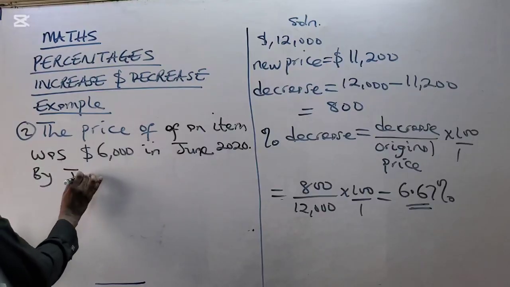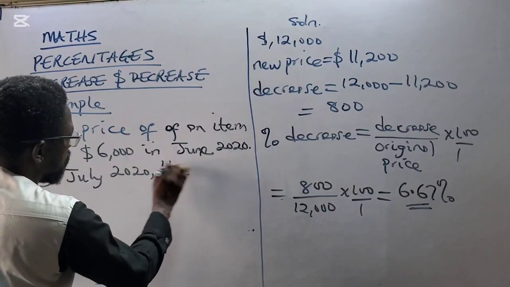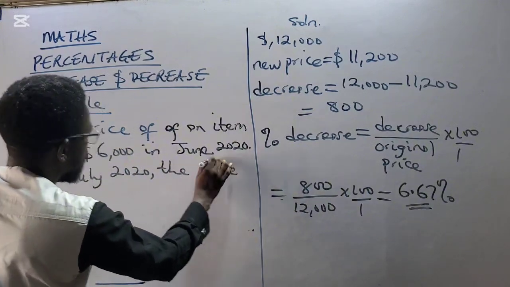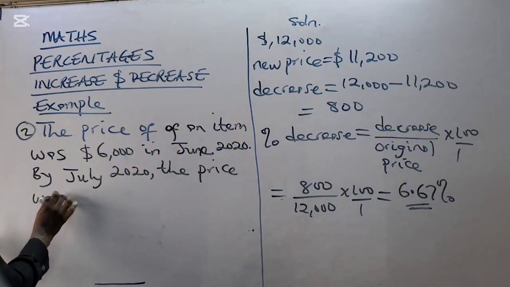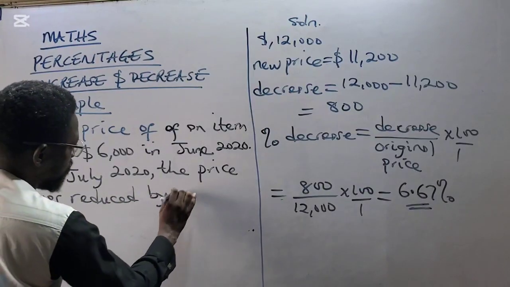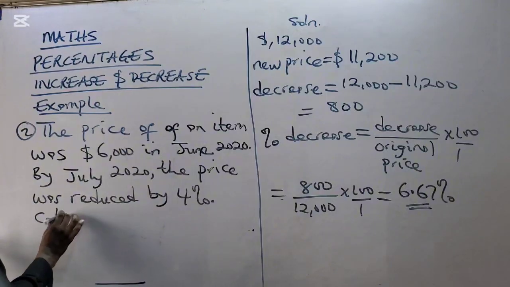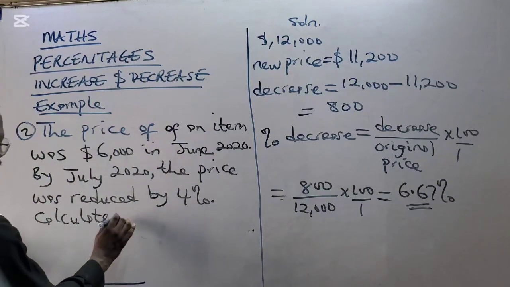By July 2020, the price was reduced by 4%. Calculate the new price.